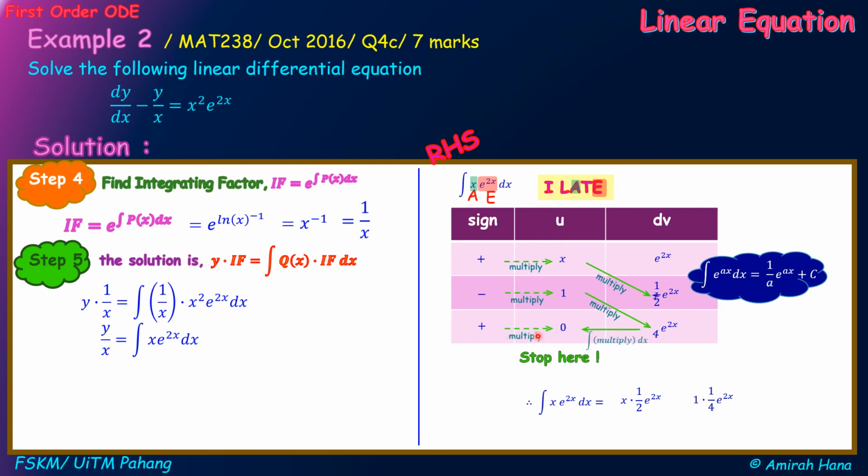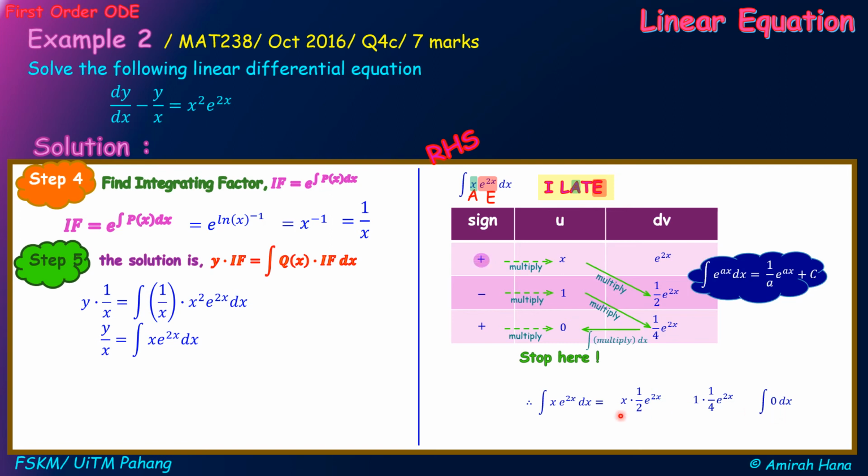And then we multiply 1 over 4 e to the power of 2x by 0, so it becomes 0. For the last row, we multiply straight across and we need to put the integration sign.